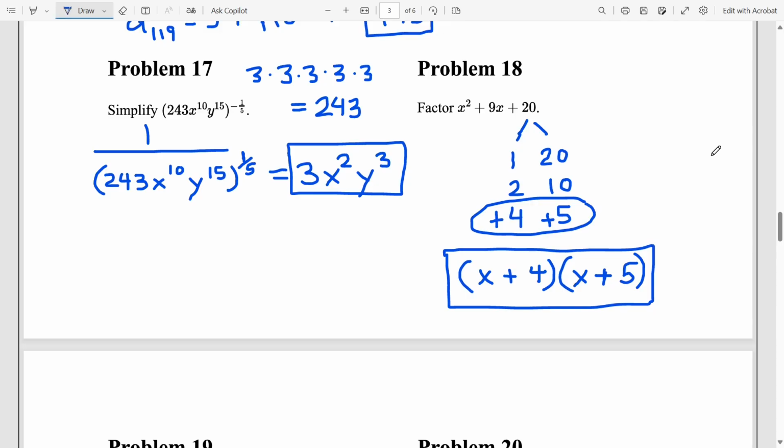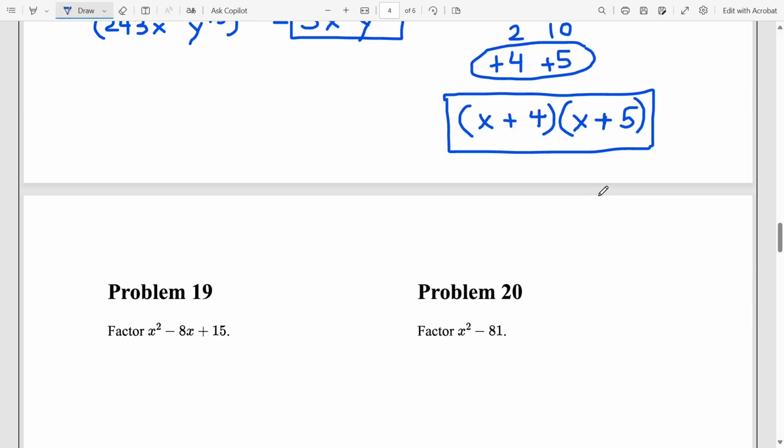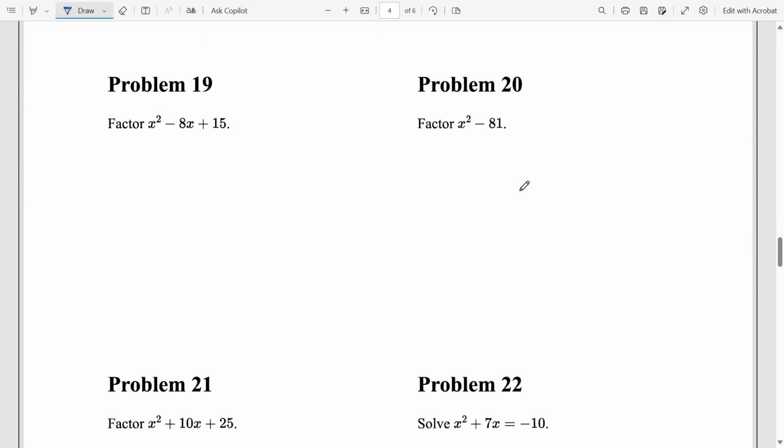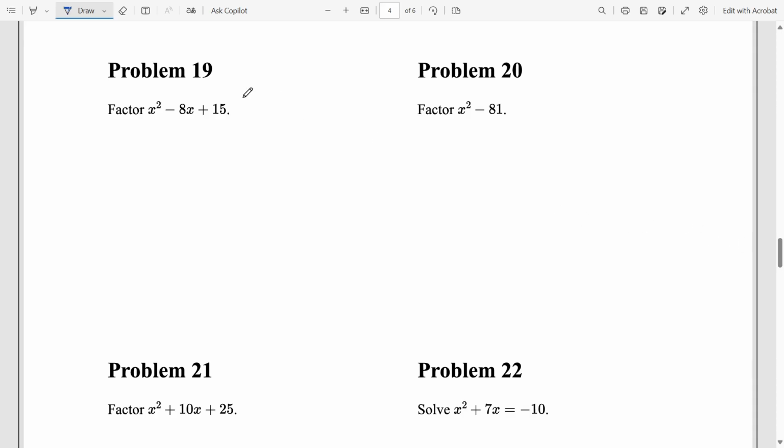And let's do a couple more, and then let's conclude part 2 of the Algebra 1 Honors finals review. So let's look at number 19. So here we're factoring x squared minus 8x plus 15, because we have minus 8 here and a positive 15 here.